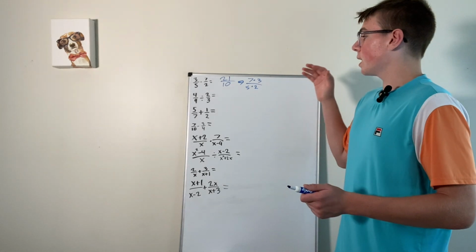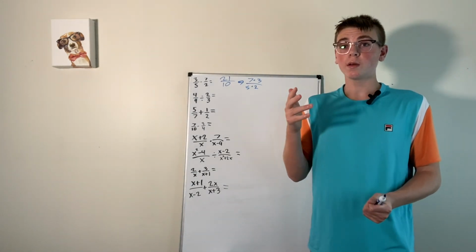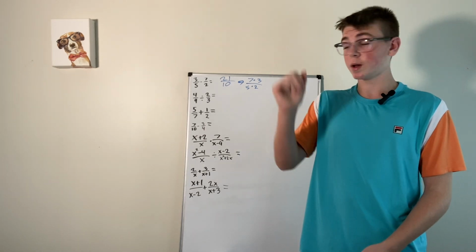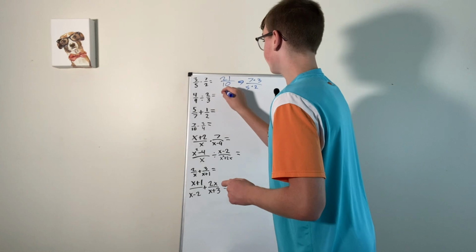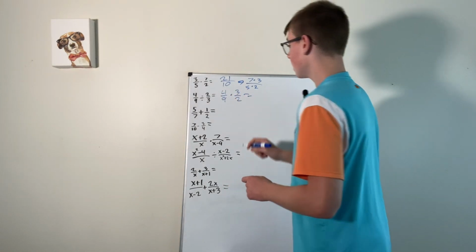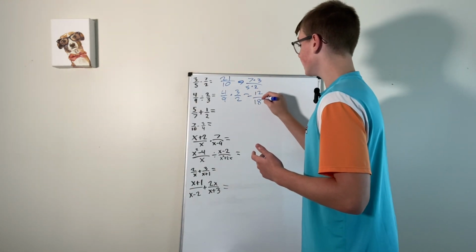Okay, then we have 4/9 divided by 2/3. You may recall that when you're dividing by a fraction, you just flip the fraction that you're dividing by. So this will equal 4/9 times 3/2 instead, and that equals 12 over 18.